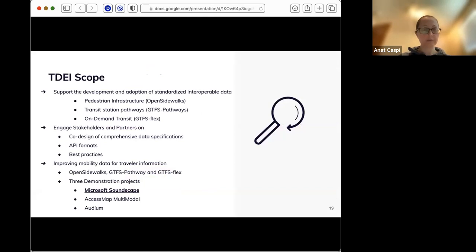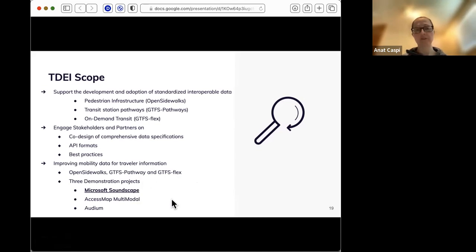And so repeating our scope of work, we want to support the development and adoption of these standardized interoperable data. We want to engage stakeholders and partners on the co-design of these data specifications, the API formats, and also best practices. And then we want to improve mobility data for travelers in the form of these data specs.